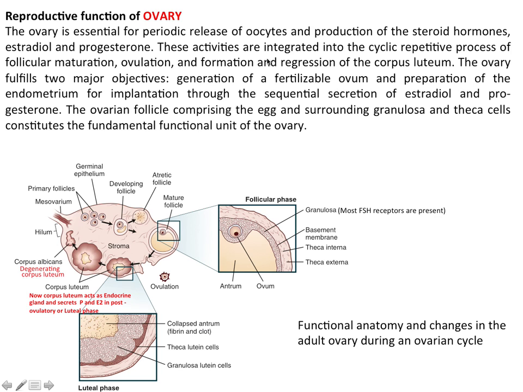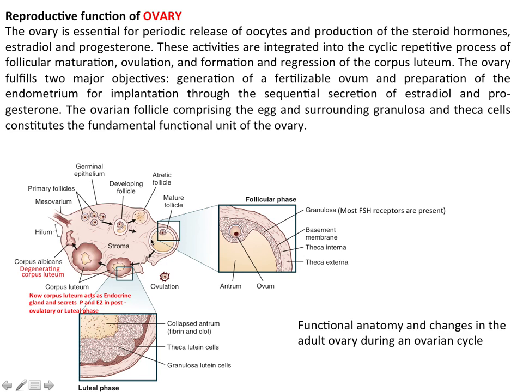Now, reproductive function of the ovary. As you know, the ovary is the most important reproductive part in women. Here you can see the structure of the ovary, and first the primary follicles are produced inside the ovary, and among them one becomes the dominant or developing follicle, and this developing follicle converts into the mature follicle, and from this the egg is released during ovulation.